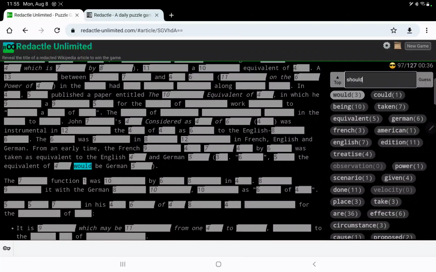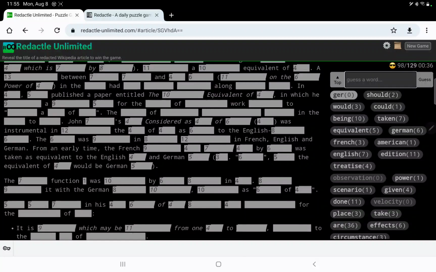Let's put in should just for grins. What's the 3-letter? Presumably a language, maybe GER. No, 6. Oh no, so it's not going to be German, but 5. Something the equivalent of blank would be German blank.